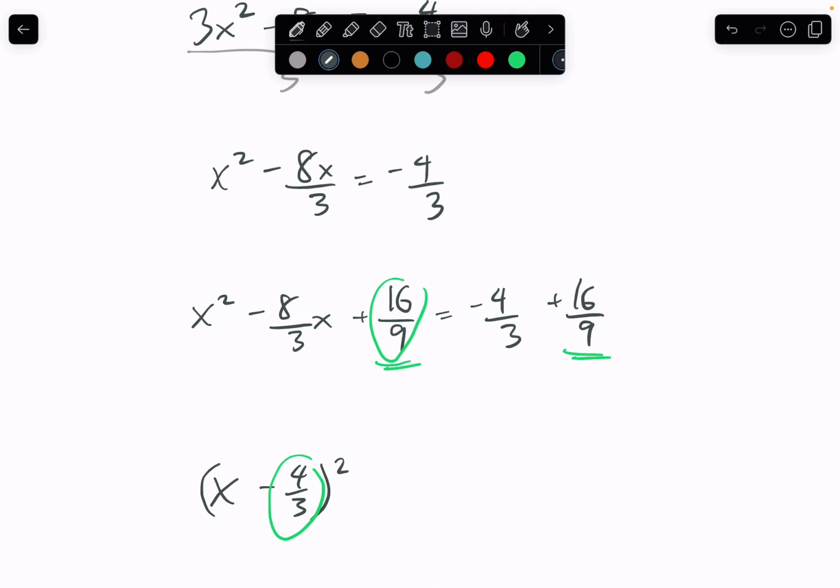Okay, so the left side will be written as this. The right side, simplify 9, negative 20 over 9.